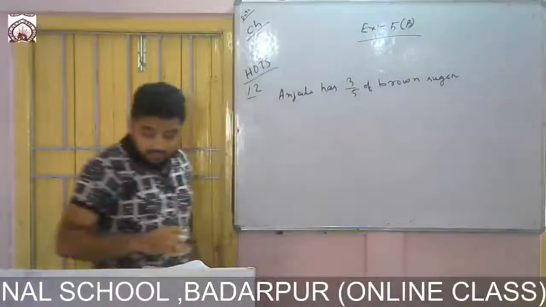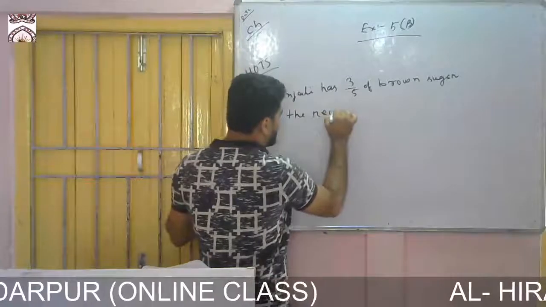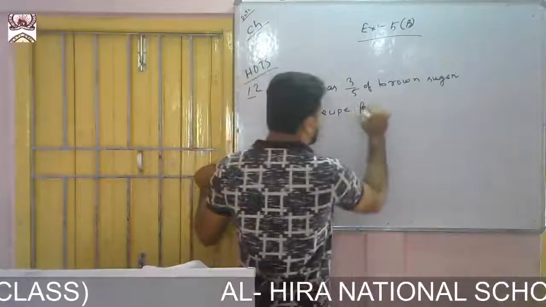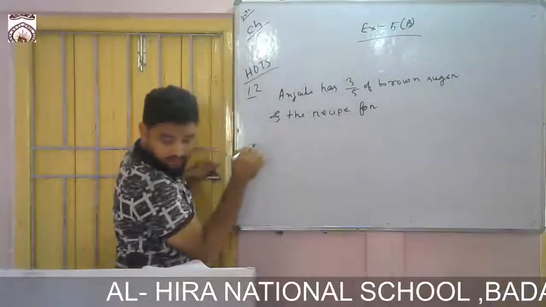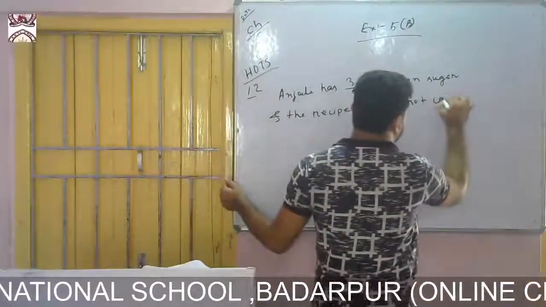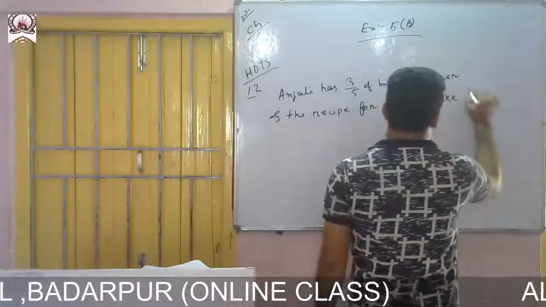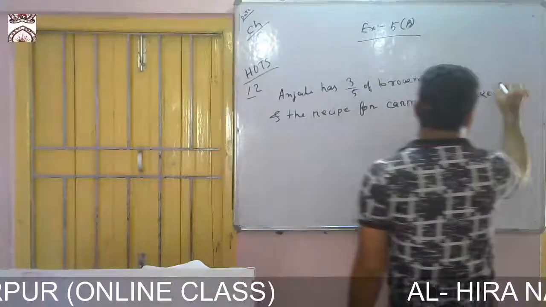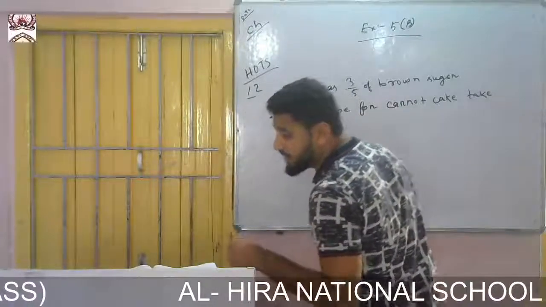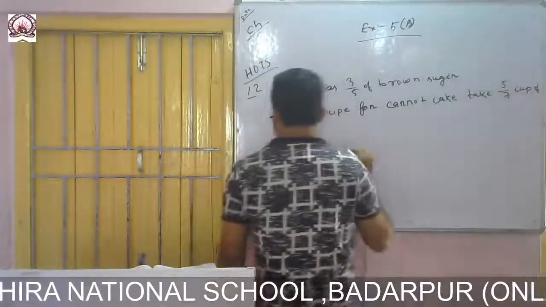And the recipe for the carrot cake requires how much? 5 by 7 cup of brown sugar.